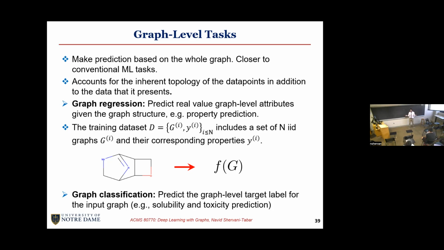So you have N graphs and N labels, and you want to learn a function that maps each graph in the test set to its corresponding label. That's the graph regression case.